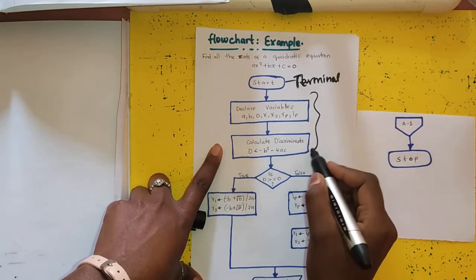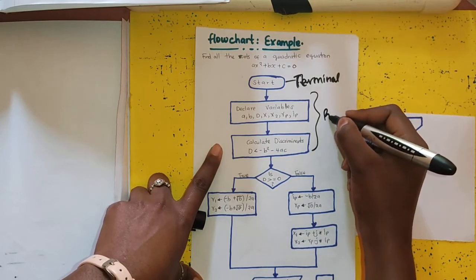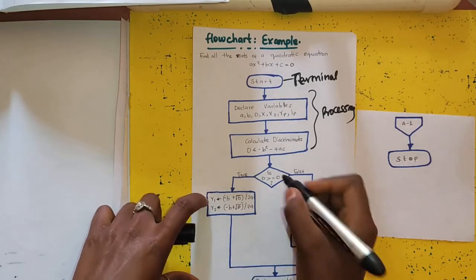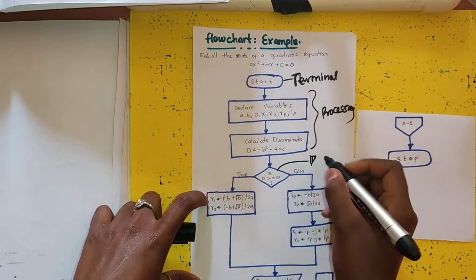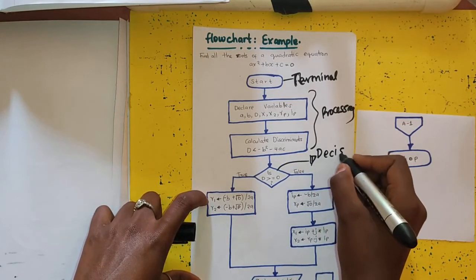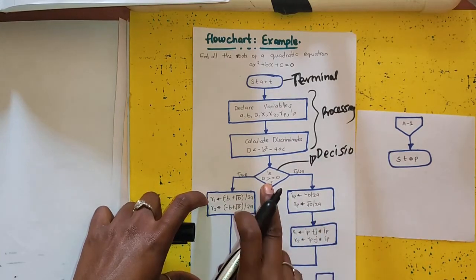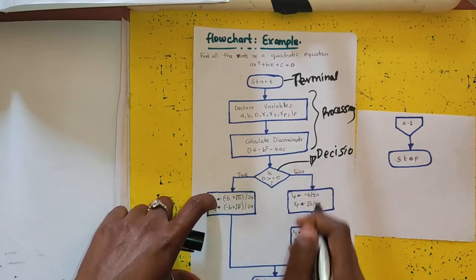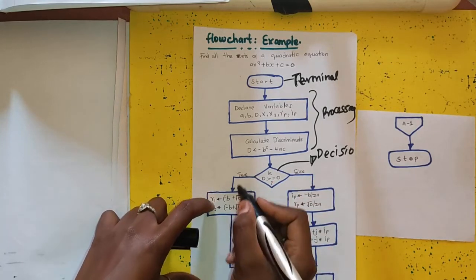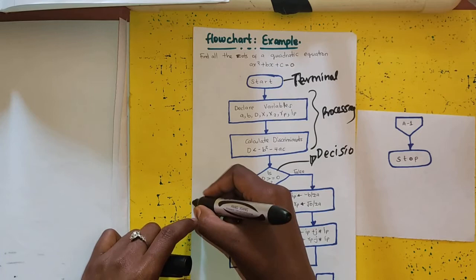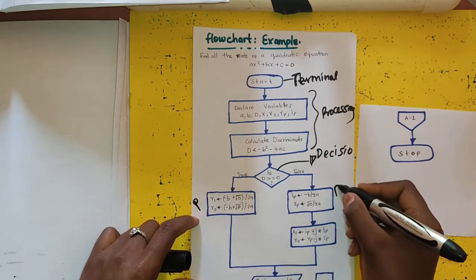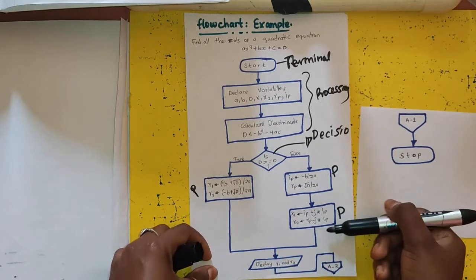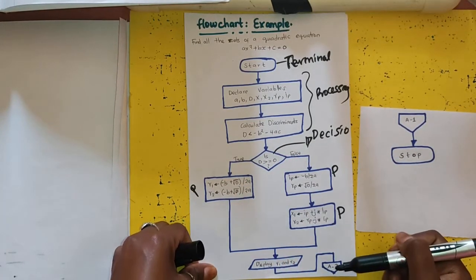So these are processing. Then we come to this decision making. So this is the decision. Is something greater than the other? If true, do this. If false, do this other one. So if true, this is processing again, and this is also processing, because we are performing calculations.